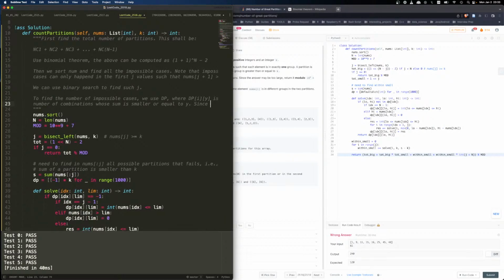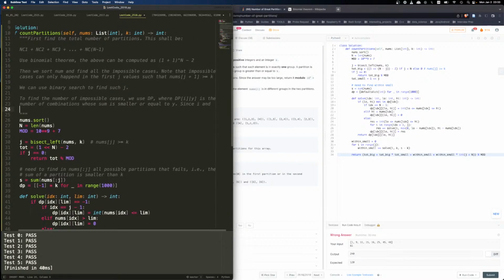Since x and y are at most 1000, this dp is not too expensive.